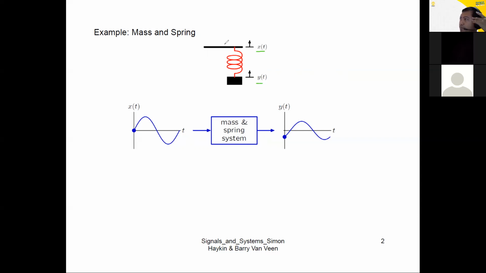The input is, for example, movement or vibration, up and down. This input goes up and down, for example from the steady state, then going up and then going down. This input signal will be processed by the spring here and then generate the output. The output is the movement or vibration of the mass. The black box here.